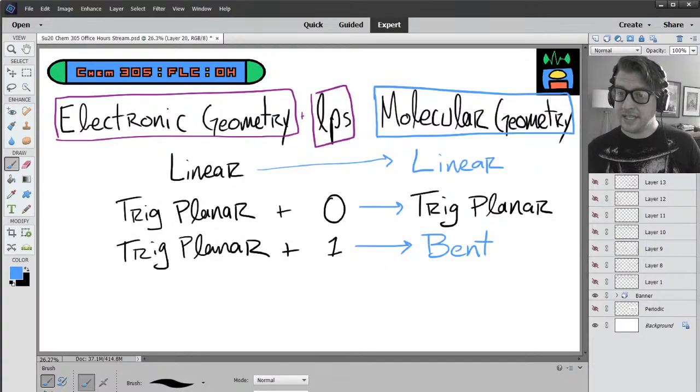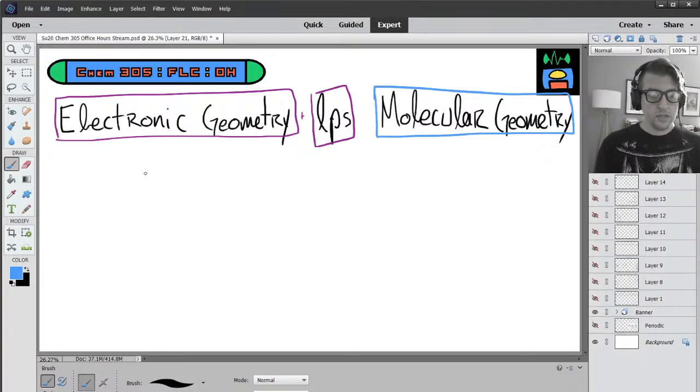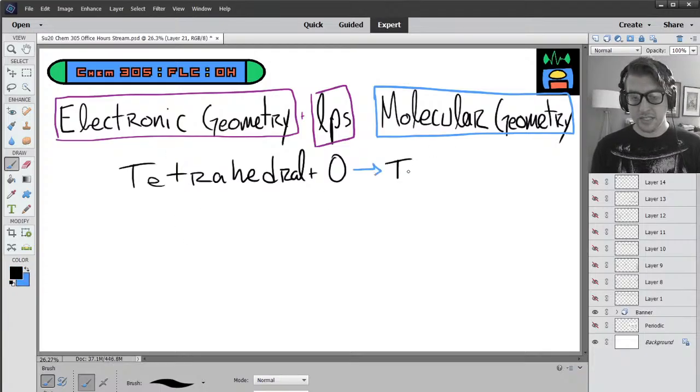Let's look at the last 3. So let's say you're tetrahedral, whoops. Tetrahedral together with 0 lone pairs. Anytime you have 0 lone pairs, your electronic and molecular geometries are the same.